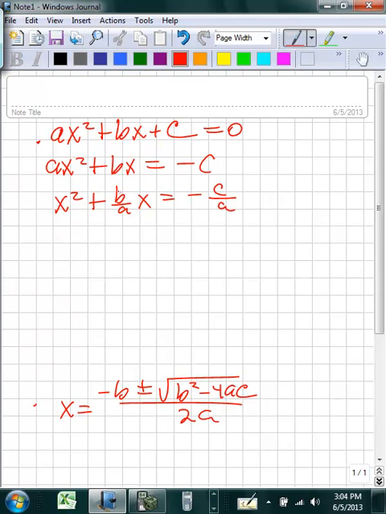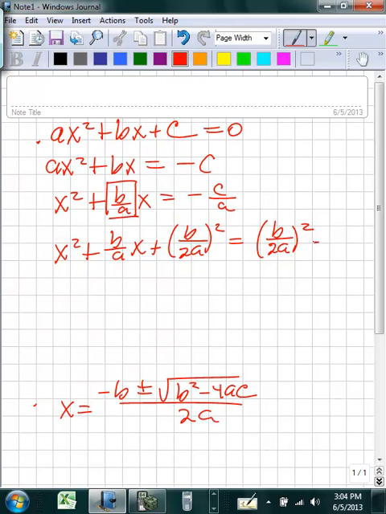And then take a look at this linear coefficient, b over a. Take half of that, and that's going to be b over 2a. Square it, and that's what you'll add to both sides. So you have x squared plus b over a x plus, and here we're completing the square, b over 2a squared, equals minus c over a plus b over 2a squared.